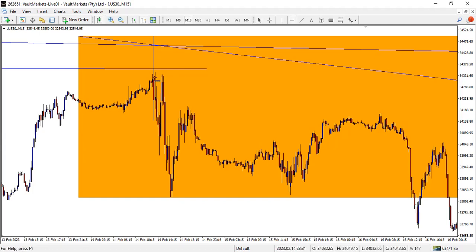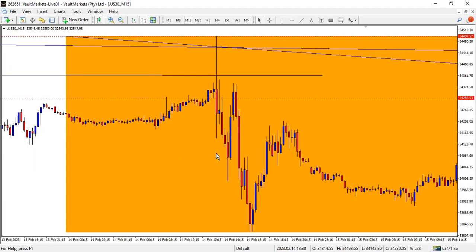Now you come to, okay, where did all that bullish move start? It started up here, all right? And then the bearish move started here. The bullish move started here, then the bearish move started here. Let me zoom in.